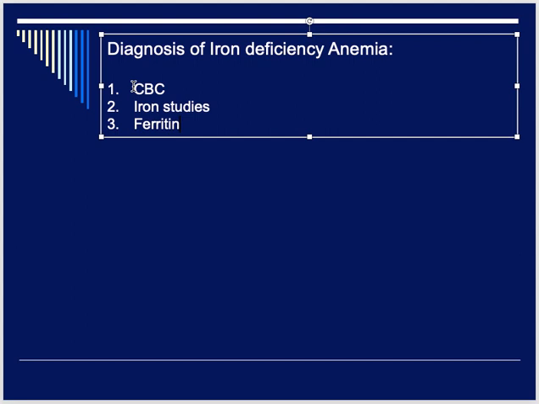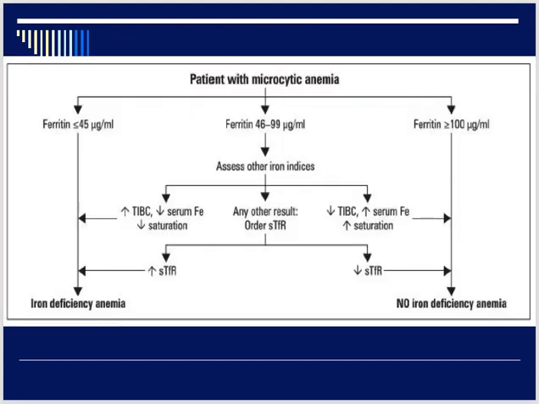So if someone has a low ferritin level, you can see over here a patient with microcytic anemia. So we check the ferritin level. If the ferritin level is less than 45 microgram per milliliter, then you can say iron deficiency anemia.